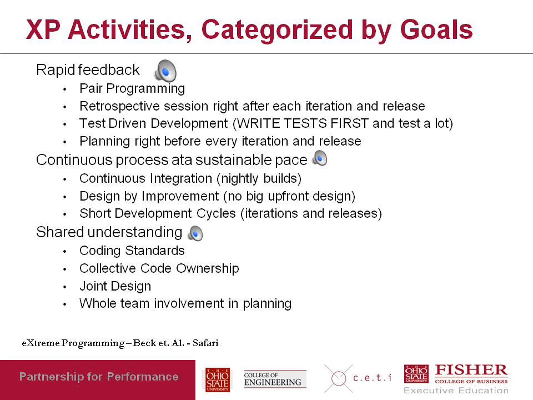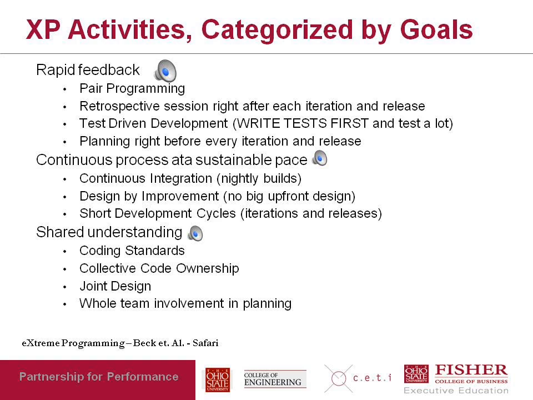Their code is immediately integrated into the build. It is immediately tested. Even design is not a long duration activity. The design is rapid, put in place through code, and if it needs to be changed, it gets changed later. So it's designed by improvement rather than by big upfront design.